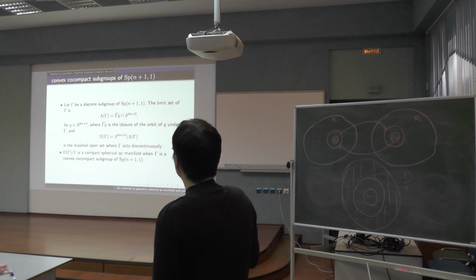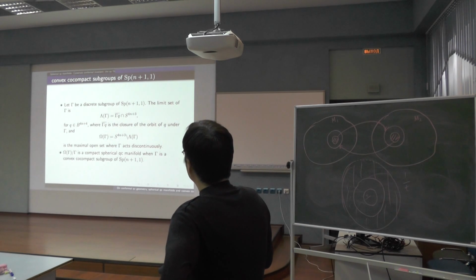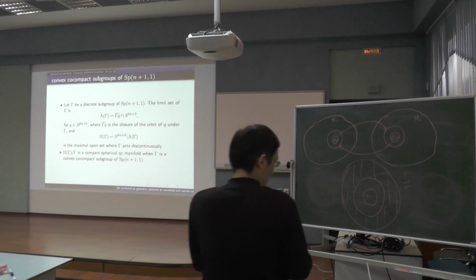Now, what is a convex co-compact subgroup? Let gamma be a discrete subgroup. We consider the orbit.